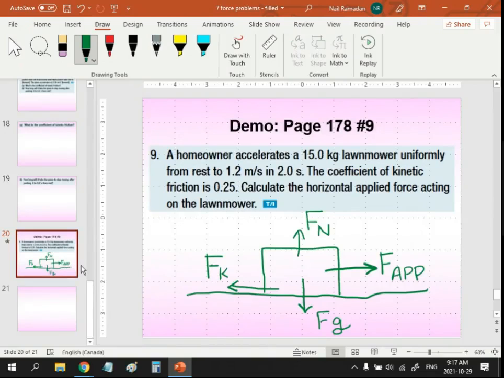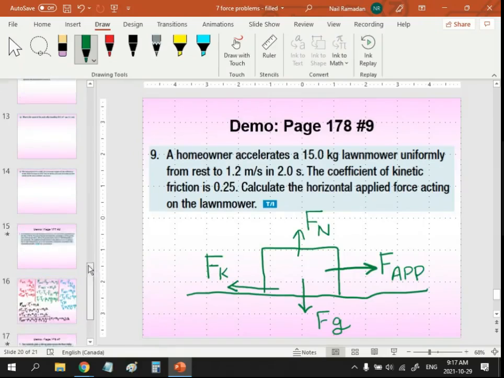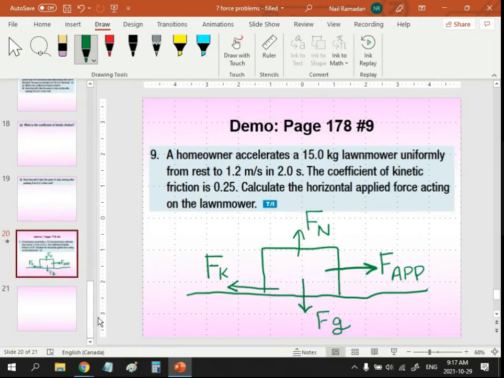What's the motion direction here? Left or right? Motion direction always has to go with applied force. By the way, could motion direction ever go with friction? No. The best that friction could do is what? Slow you down, not push you backward. It's important to understand this.